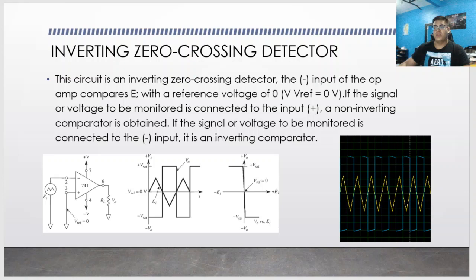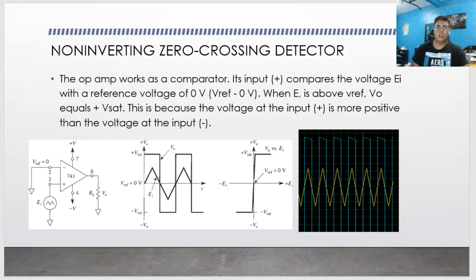Next, we have the non-inverting zero crossing detector. The op amp works as a comparator. Its positive input is the signal input, and the negative input is connected to ground.